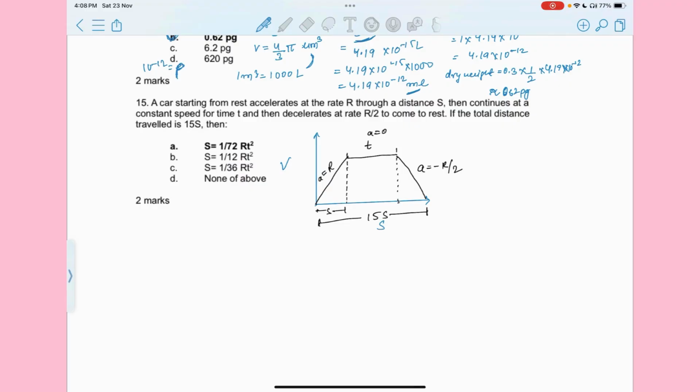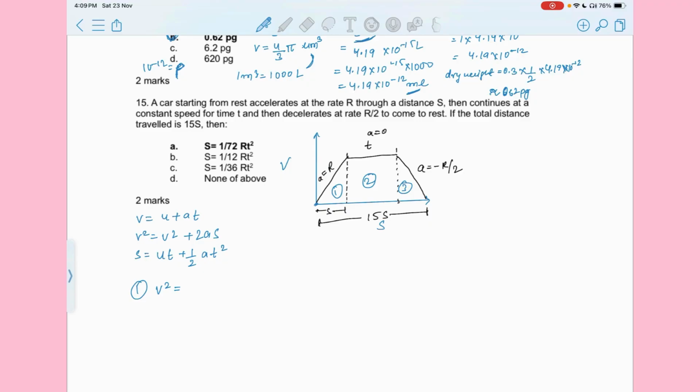We know the three equations: v is equal to u plus at, v square is equal to u square plus 2as, and s is equal to ut plus half at square. Now this is the first scenario, this is the second scenario, and the third scenario. For the first scenario, u is 0 here, so we'll replace that term.